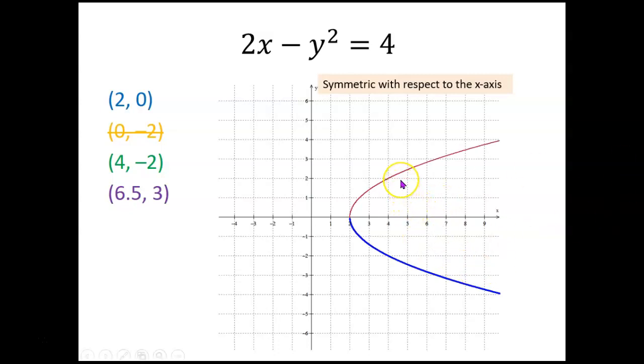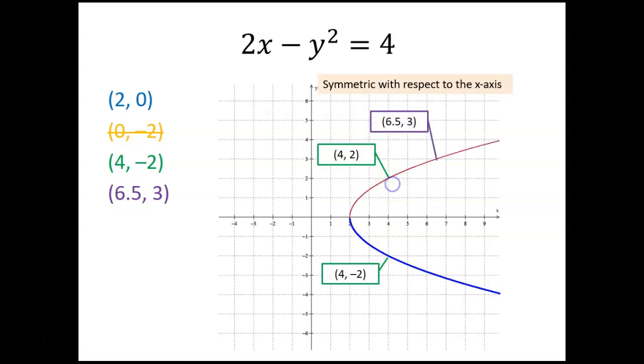So for every point on the graph above the x-axis, there's a corresponding point down below the x-axis, and vice versa. We saw that (4, -2) was one of the pairs of numbers that satisfied the equation, so that point is on the graph. But (4, 2) is also on the graph. We saw that the point (6.5, 3) is on the graph.